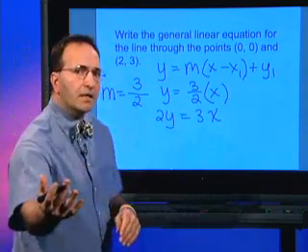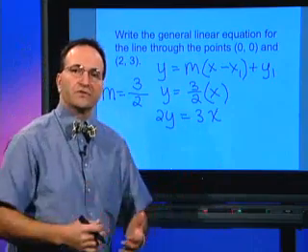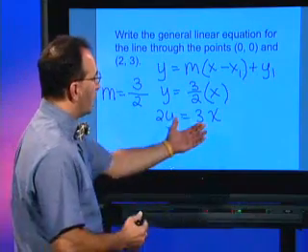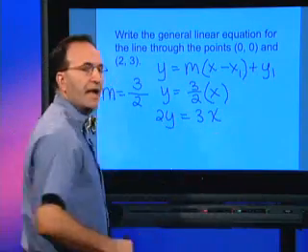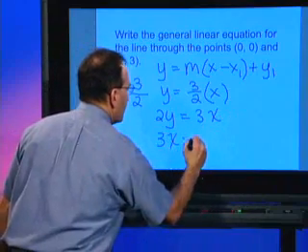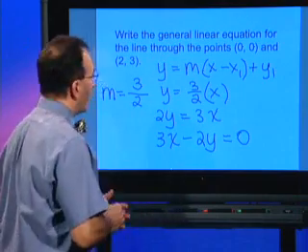And normally, because the x does come first as ax plus by equals c, we would want x to be positive and come first. So the way I'm going to write it is to bring 2y over. So I'm going to get 3x minus 2y equals 0.